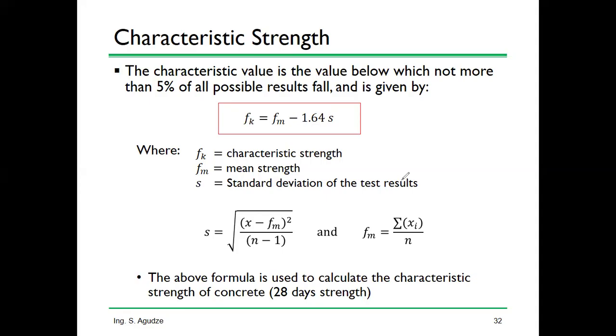So even if you have ready-made concrete people to supply, we will take a sample, because we have told them we want C30, and they say we have agreed. So when we are casting, we'll take a sample, cure it, go and test, and check whether indeed they gave us C30. If they did not give us C30, then any legal issue we can take. So that one you have been seeing is a confirmatory test.